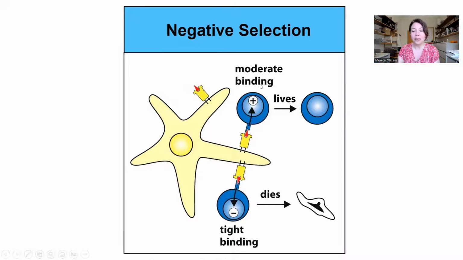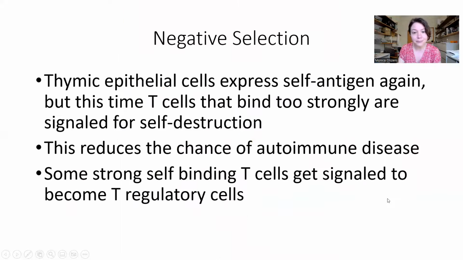So there should be that perfect handshake, just some moderate binding, and then they get a happy signal to live. If this binds too tightly, like a really rough handshake, they know that this T cell is probably trouble down the line and might cause you an autoimmune disease. So they give it the apoptotic signal to die, which is similar to CD8 T cells offing viral and cancer-infected cells.